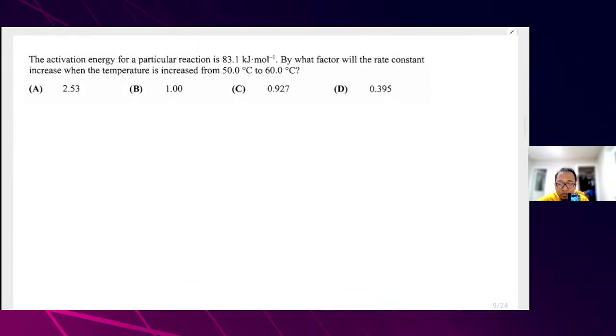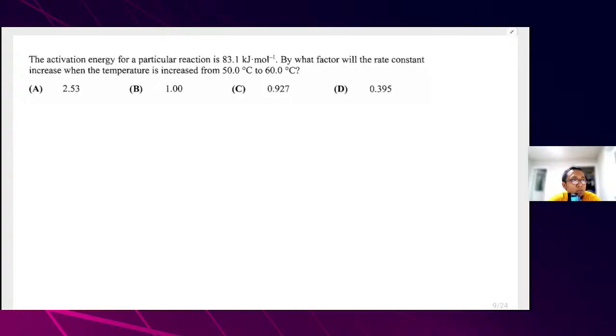The activation energy for a particular reaction is given. By what factor will the rate constant increase when the temperature is increased from 50 to 60? Okay, now we can use the Arrhenius equation over here.